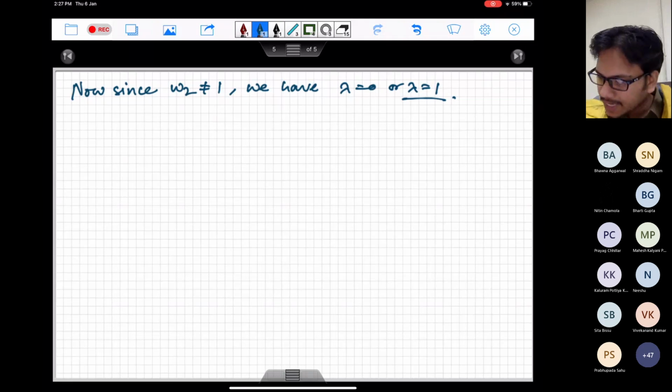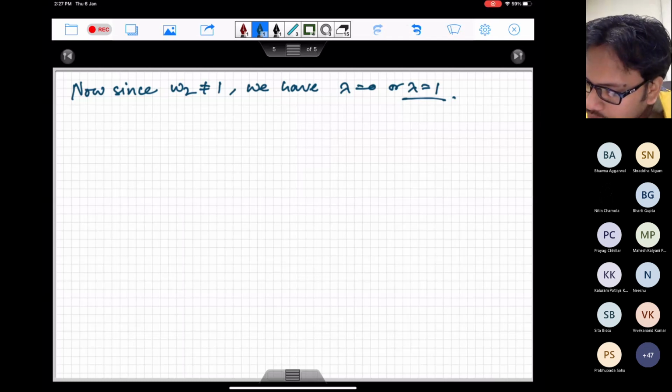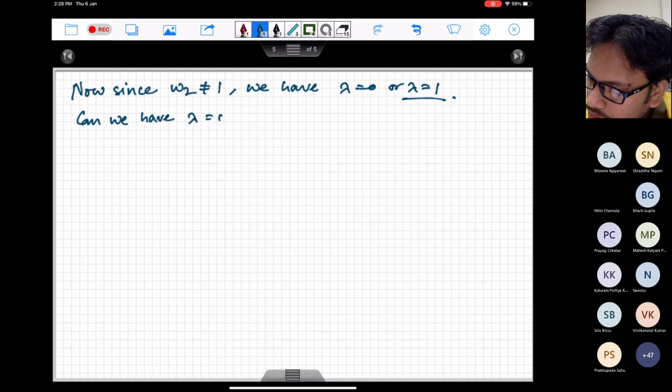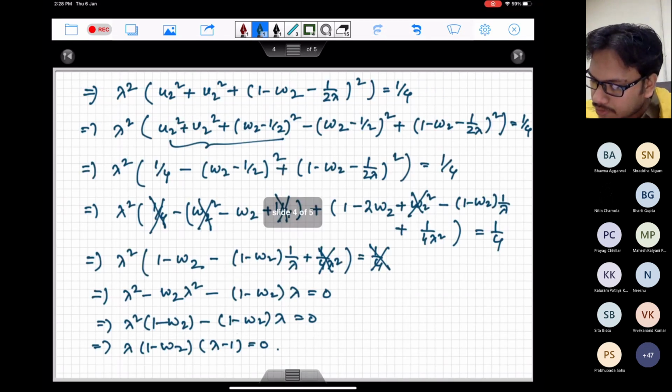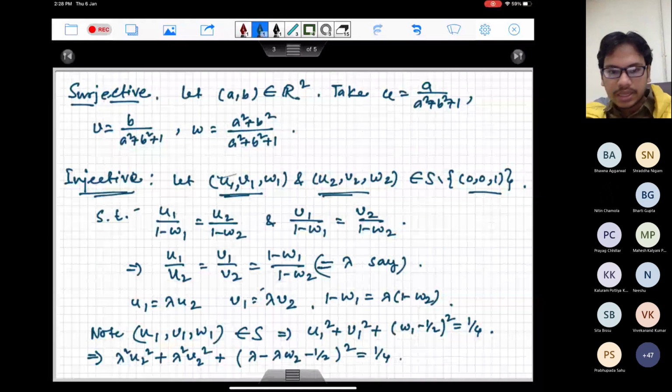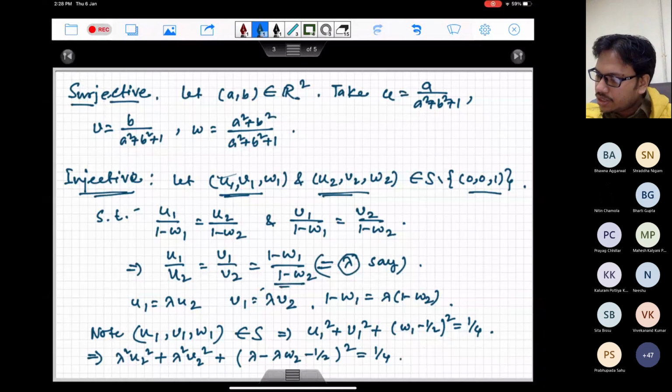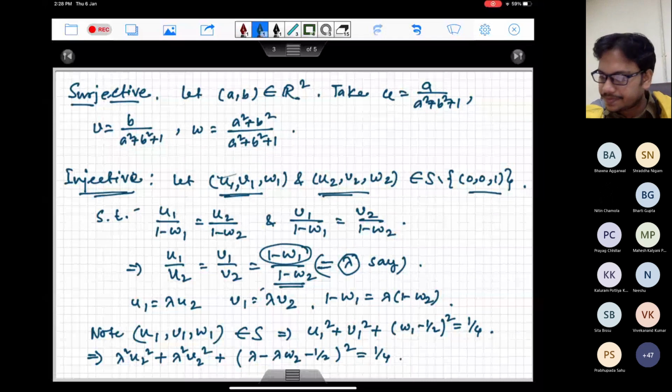Great. Okay, so now let us see if I can have lambda equal to 0. That's the question. If lambda is equal to 0, this quantity is equal to 0, the numerator is anyway something which is non-zero over here. So what do I get? I am getting 1 minus w1 must be equal to 0.